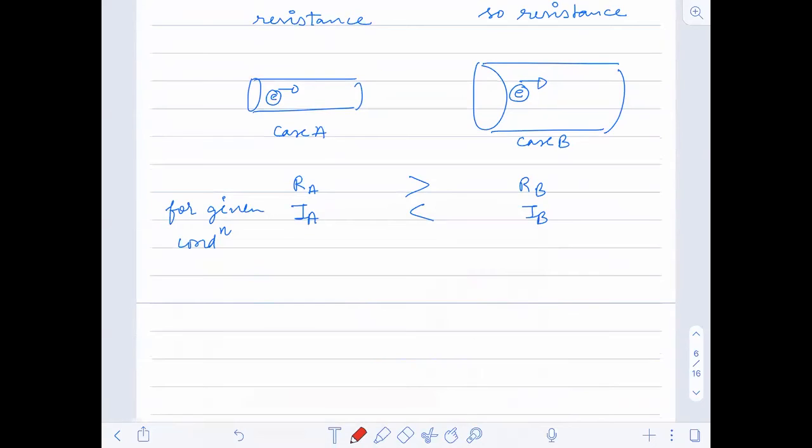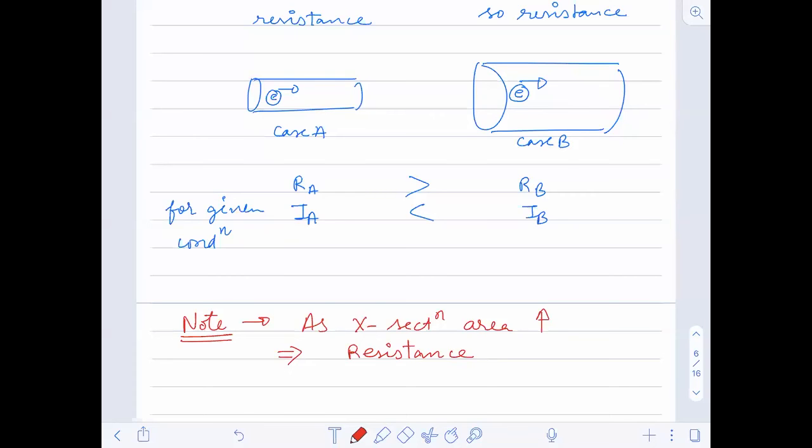Note: as cross-sectional area increases, what will happen to resistance? Come on, tell me. Cross-sectional area increases, resistance decreases. Very good.